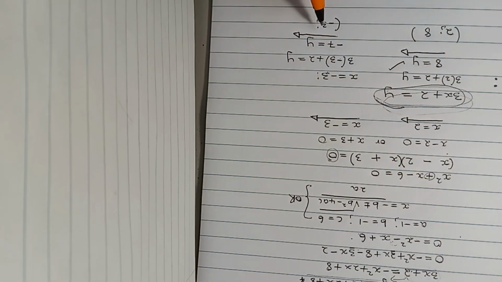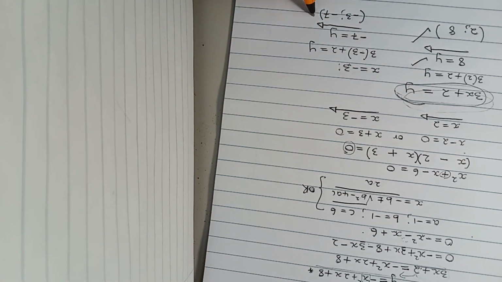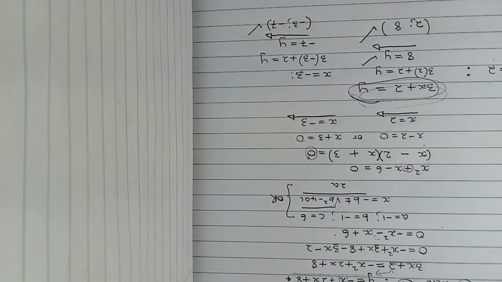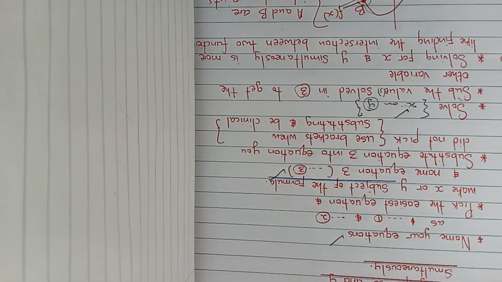And then what is the value of y? That's -7. So now you have solved for x and y simultaneously. So I think it's important to go through the guide, because you'll never go wrong with the guide.